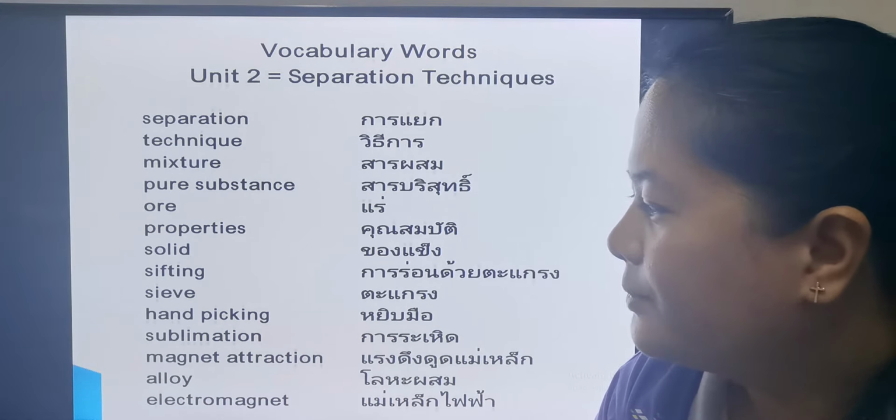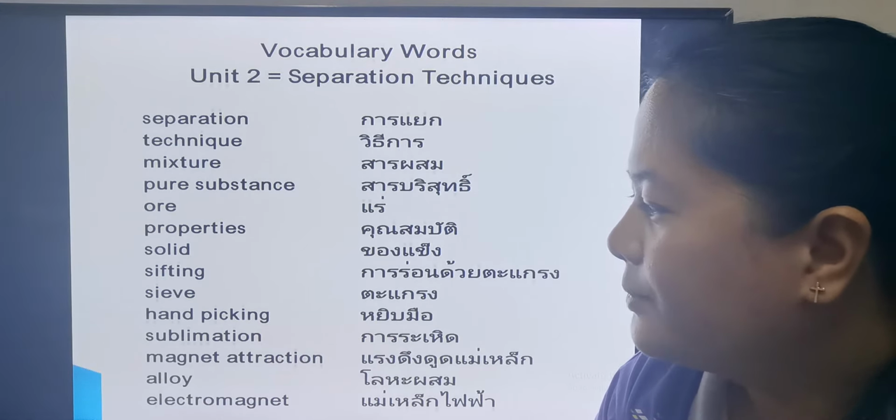And then for the second part, we have decantation, pour out, insoluble, soluble, filter, filter paper, filtration, residue, filtrates, sewage, precipitation, alum, and evaporation. I hope you'll be familiar with this vocabulary, so when you do the test, it's easy.